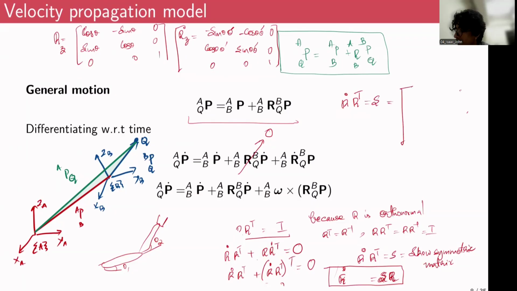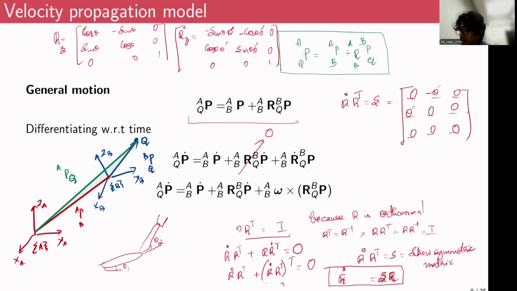For any skew symmetric matrix, the diagonal terms are 0. And since this is a pure rotation about the z-axis, you will get something like 0, minus theta dot, 0 in the first row and theta dot, 0, 0 in the second. This is a skew symmetric matrix.